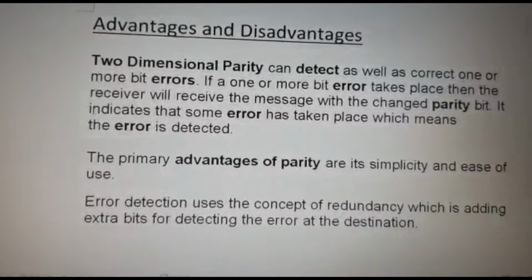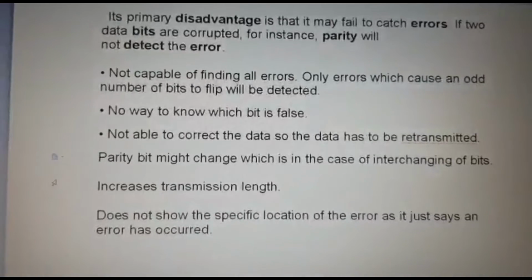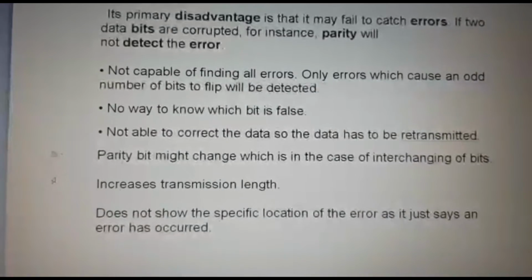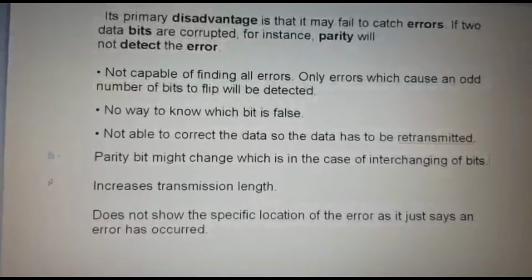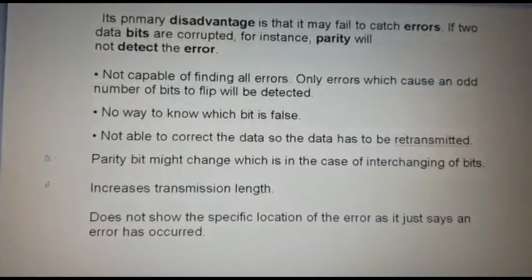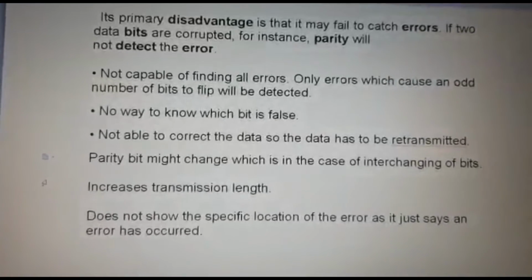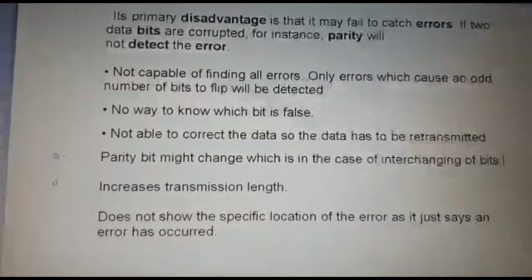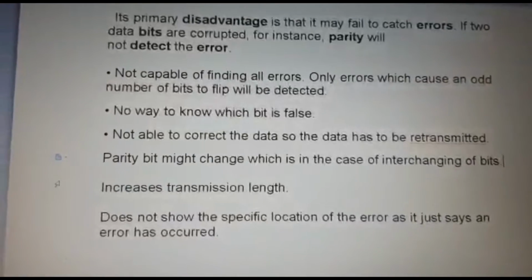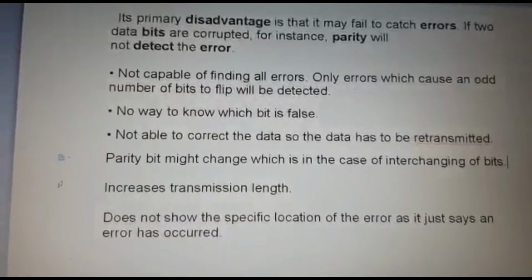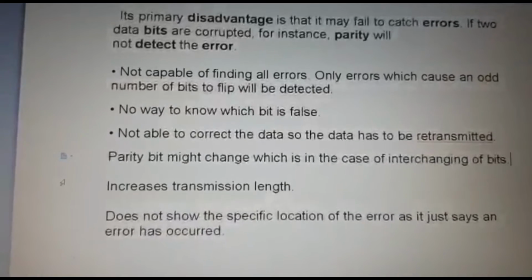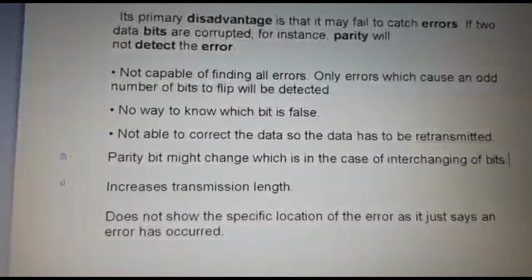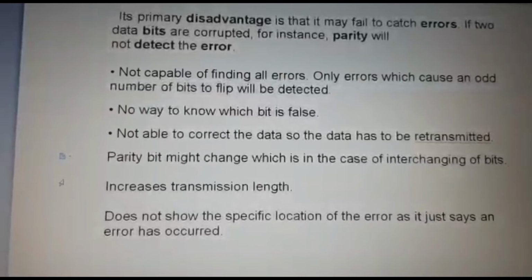Now we look at the disadvantages of the parity checker. It may fail to catch the errors if two bits are corrupted. For instance, parity will not detect the error, so it will go undetected. It is incapable of finding all the errors; only errors which cause an odd number of bits to flip will be detected, and hence others will not be detected.